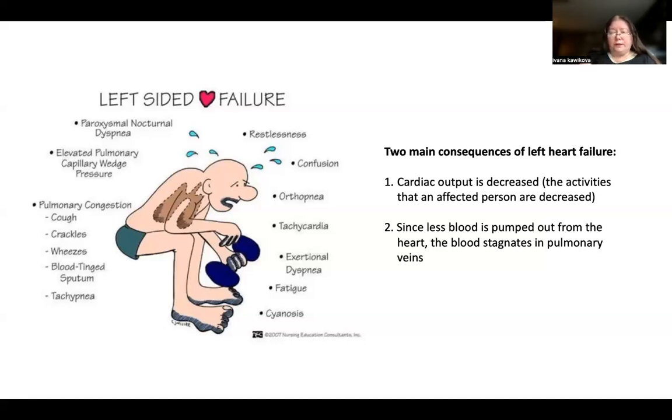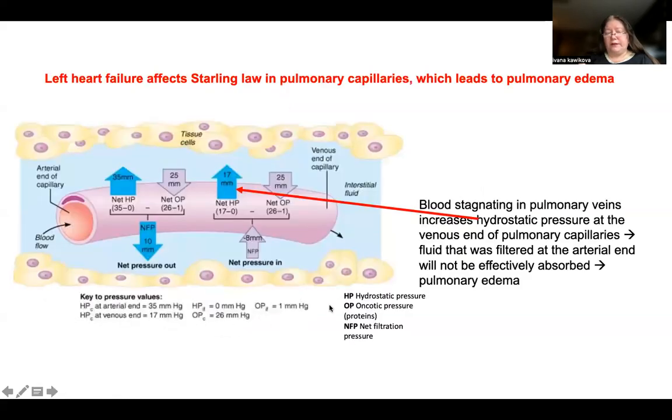So if the blood is not moved forward by ventricle, the blood stays in atrium and then pulmonary veins, and it's difficult to move it ahead.